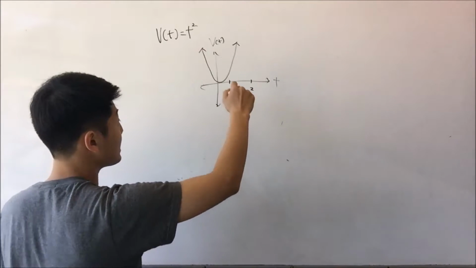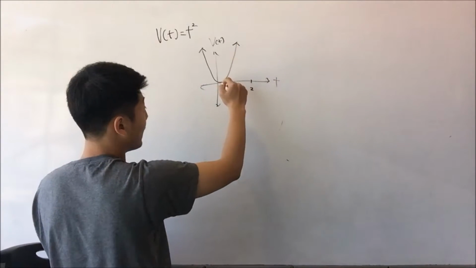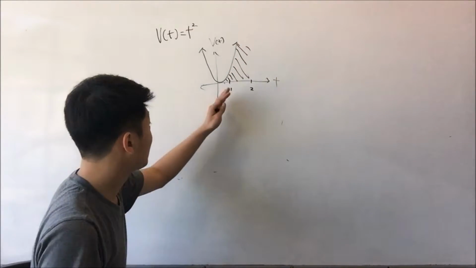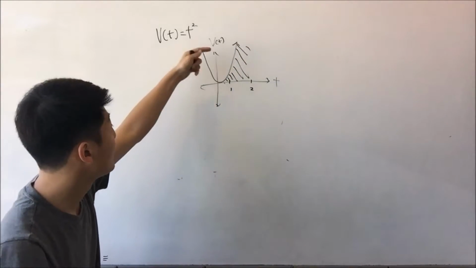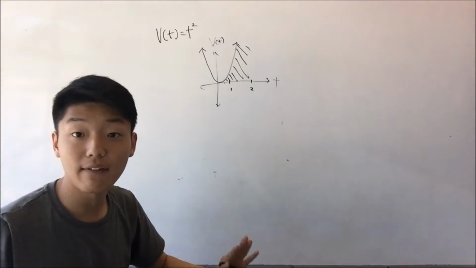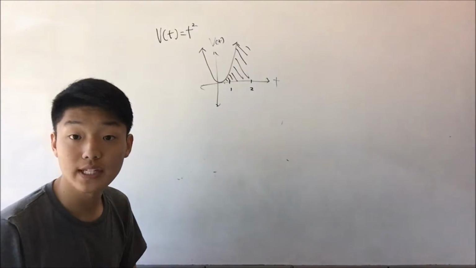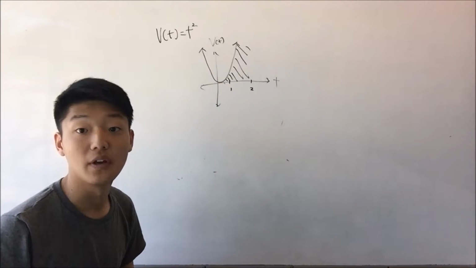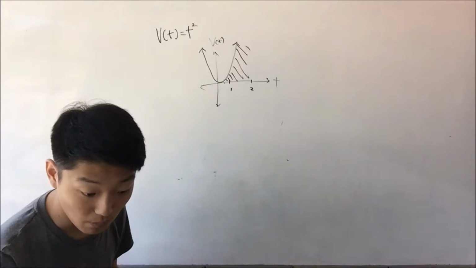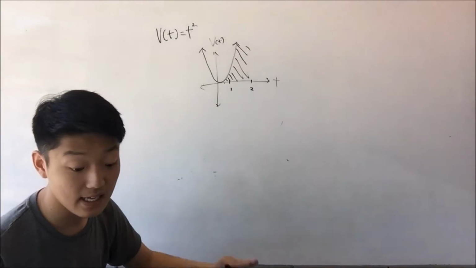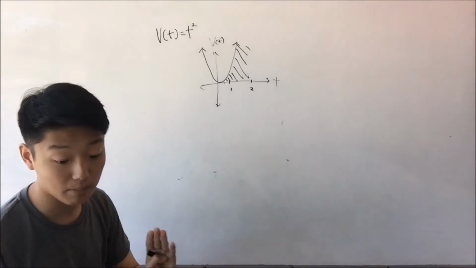In other words, you want to know the area between the curve v(t) and the x-axis. If you know the area under the curve, you will see how much the particle moved, which is the displacement. In the second sentence of number 8, it says how far does the particle move?